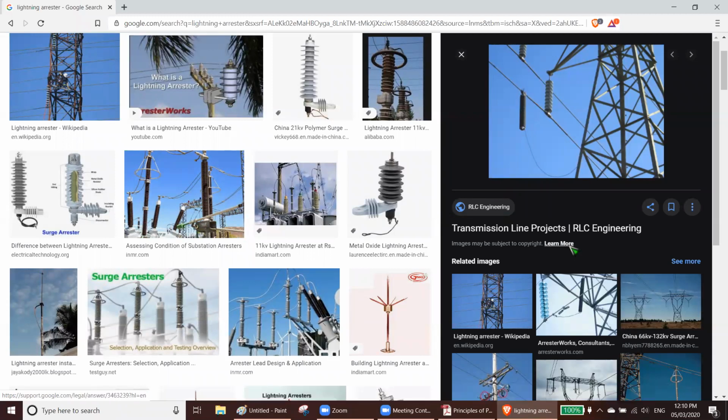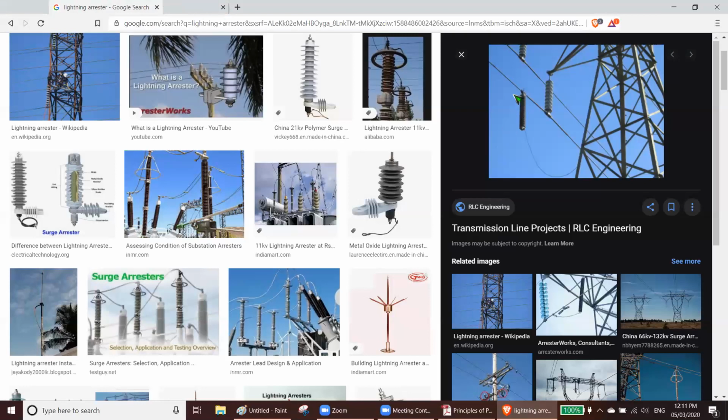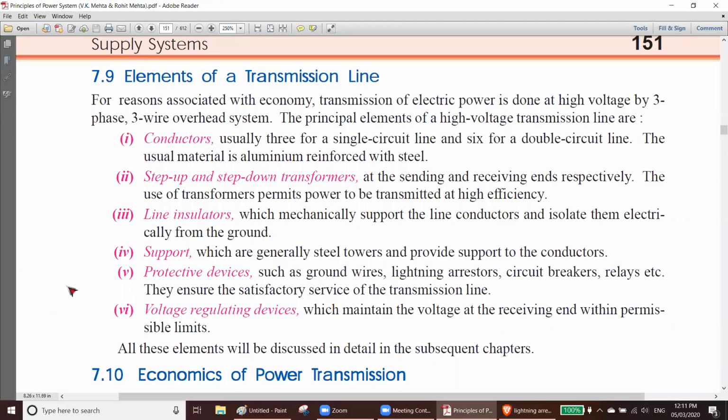That's why always remember, when there is lightning, do not touch any transmission tower, because there might be a lightning arrestor. That huge voltage can go through the tower, so that is dangerous. Okay. So that is a lightning arrestor.